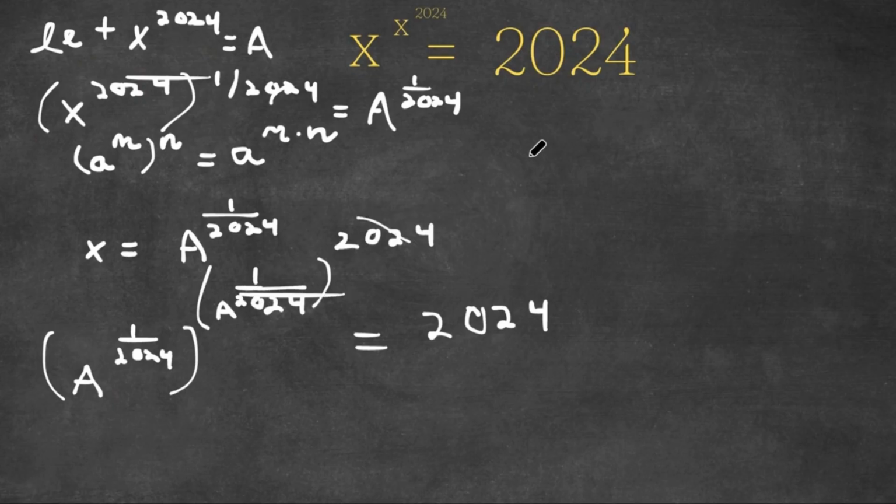So now we get a to the power of a is equal to 2024.